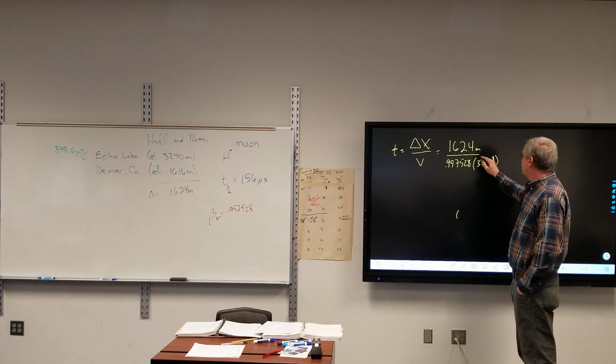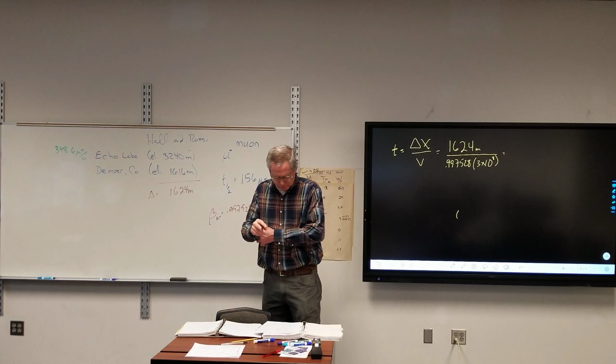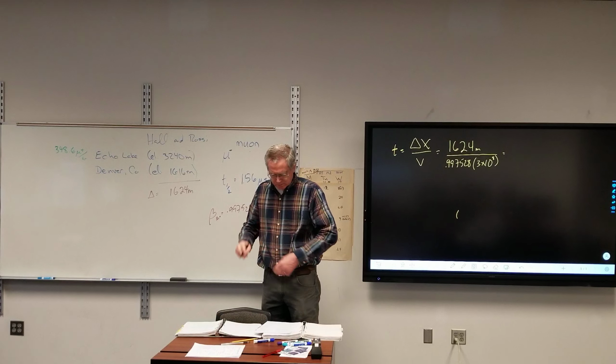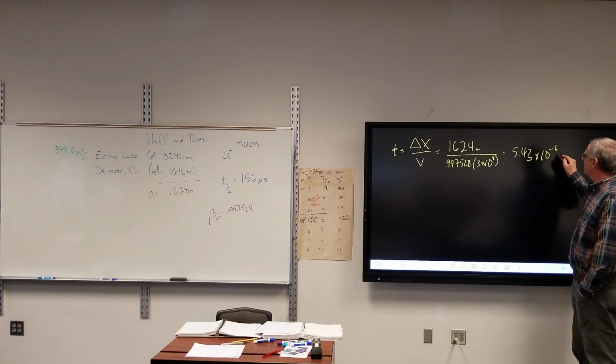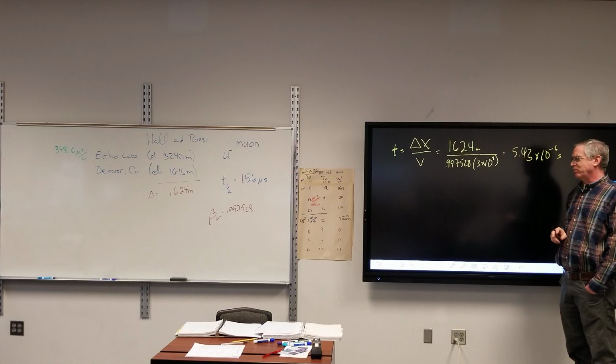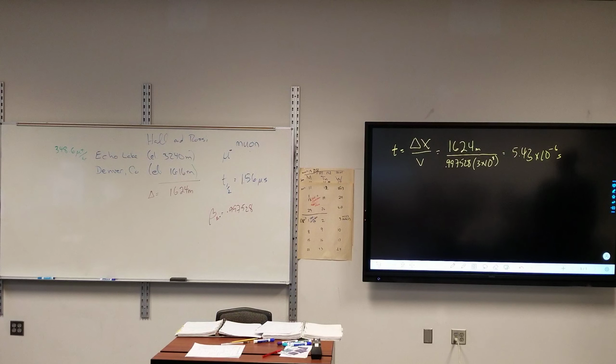And what do we end up with as time? 5.43 times 10 to the negative 6, so it rounds off to 5.43? Yeah. Okay. So 5.43 microseconds.